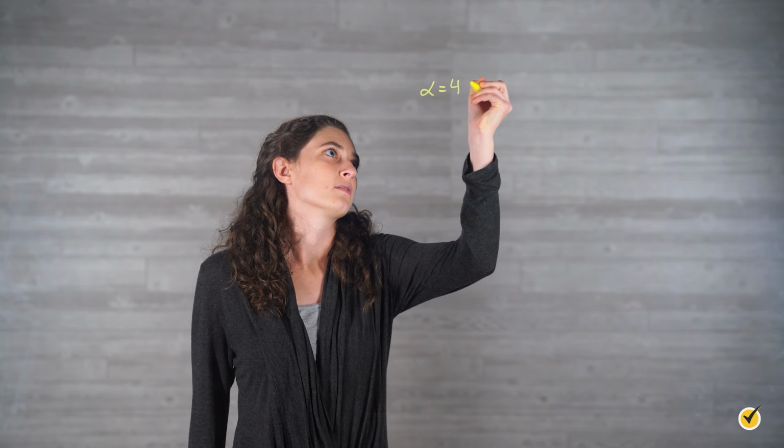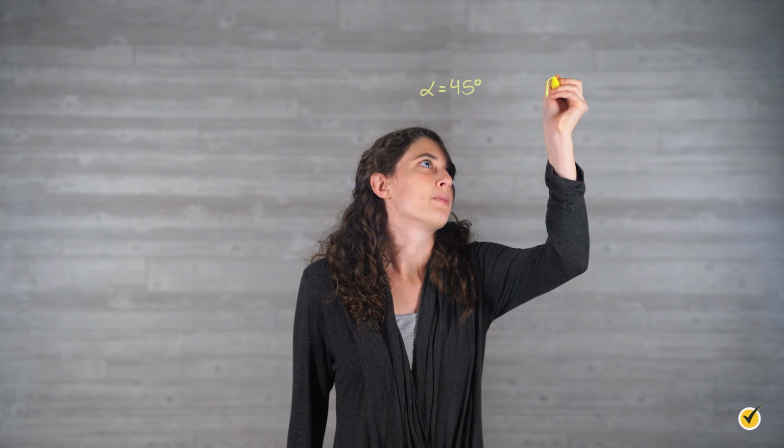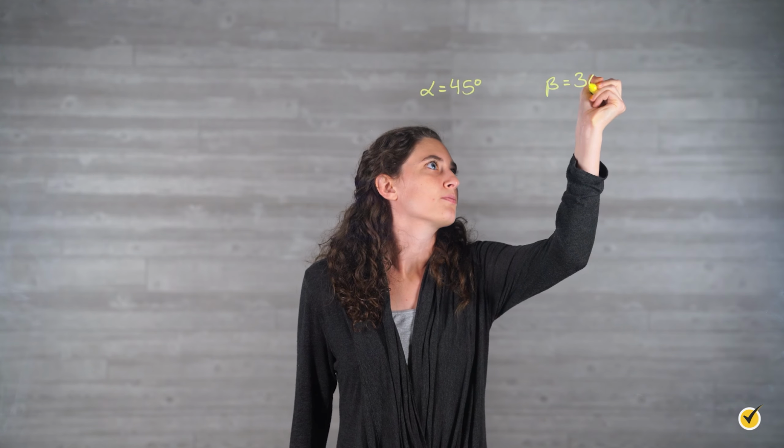Once again, we start by gathering the information we need and defining our alpha and beta angles to keep things organized and minimize the risk of a mistake. So for this problem, we're saying that alpha is equal to 45 degrees. Since we're looking for a smaller angle, our alpha has to be bigger than our beta. So beta will then be 30 degrees.